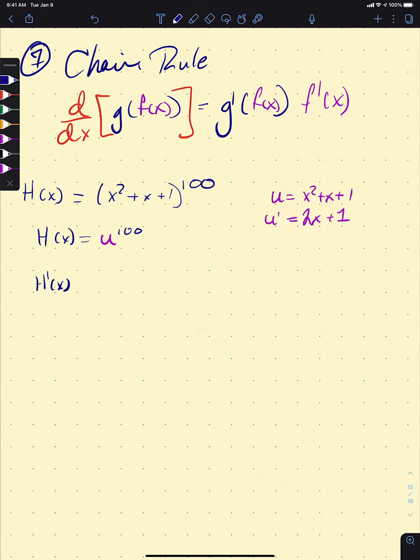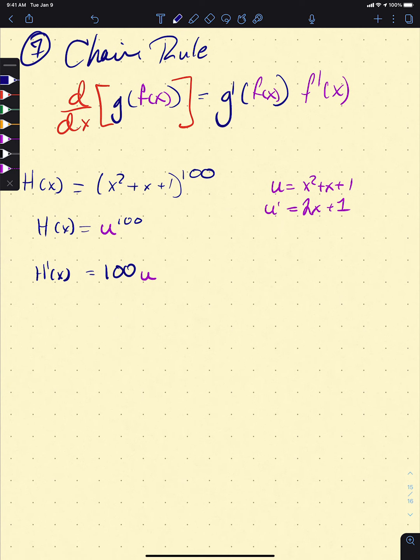Then h prime of x, well, first I can take the derivative and then multiply by u prime, right? Taking the derivative with respect to u is very easy, right? It's 100 u to the 99, and then I need to multiply by u prime. Okay, well now I can substitute everything in, right?